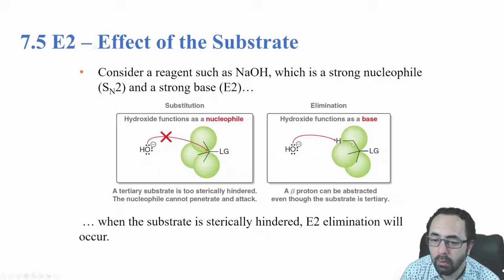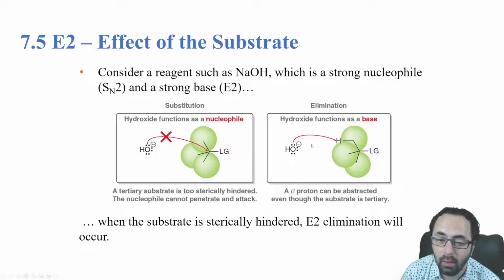However, the hydrogens are sticking out from these groups. The hydrogens are all here on the edges, so those beta hydrogens are quite easy to remove. So we can see how having a tertiary substrate really influences this reaction to become more an elimination reaction and not a substitution reaction.